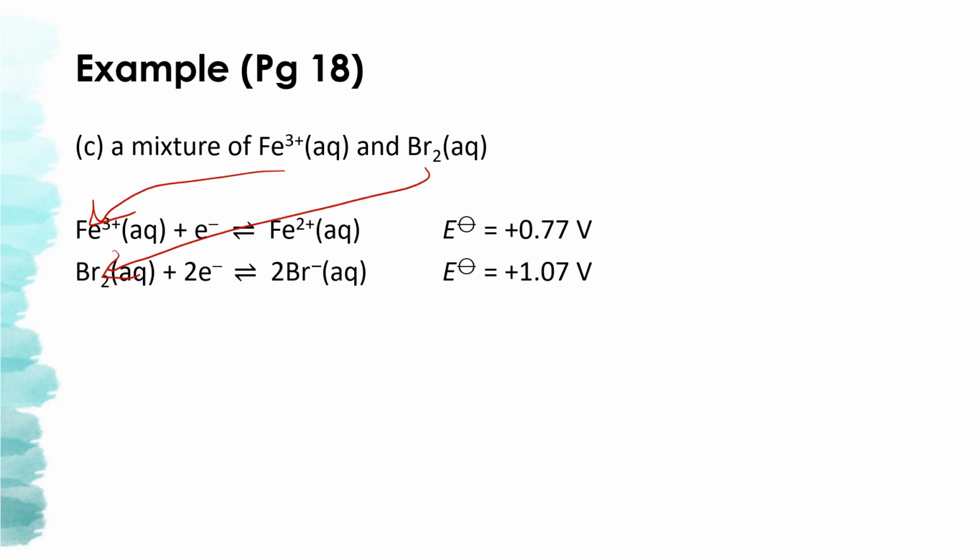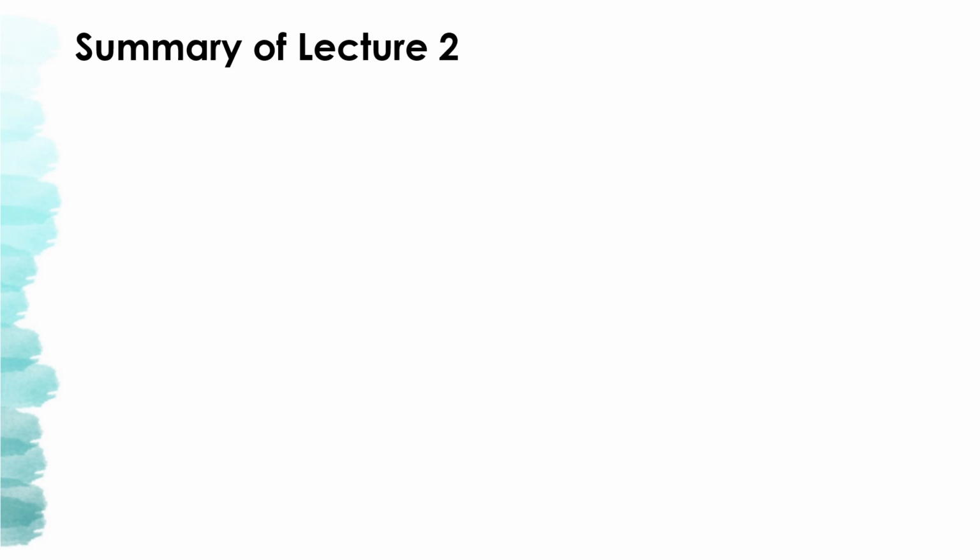The answer is no. Why? Because both species occur on the left-hand side. We cannot have a reaction that is called "red red". It must be redox, right? So there is actually no need to calculate anymore. This is a trick question.